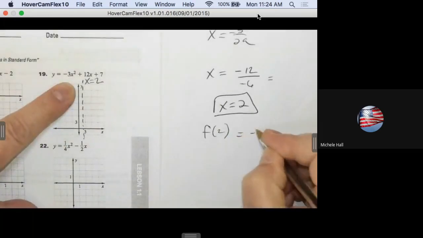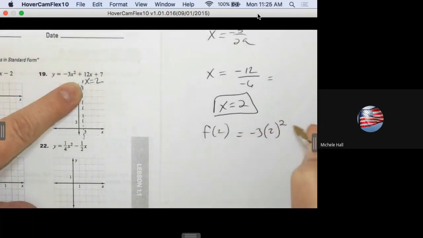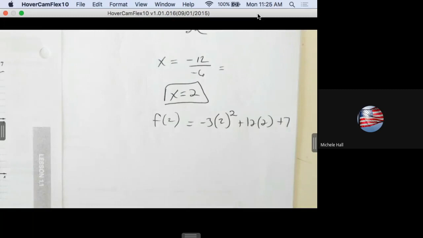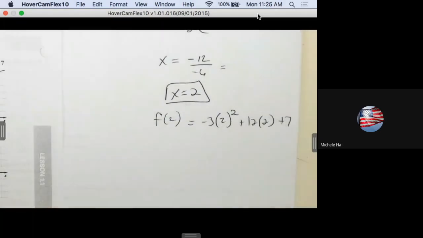So that would be negative 3 times 2 squared plus 12 times 2 plus 7. This is big right here, what I'm going to say right now. It'd be even bigger if the negative was on the inside here. Students are multiplying and then raising it to the exponent. Is that true? No. What rule tells me that I would not multiply before exponents?